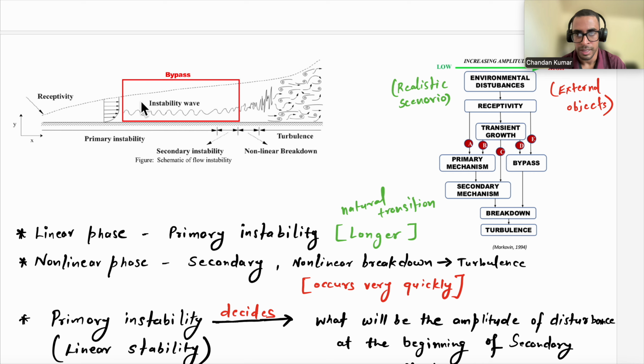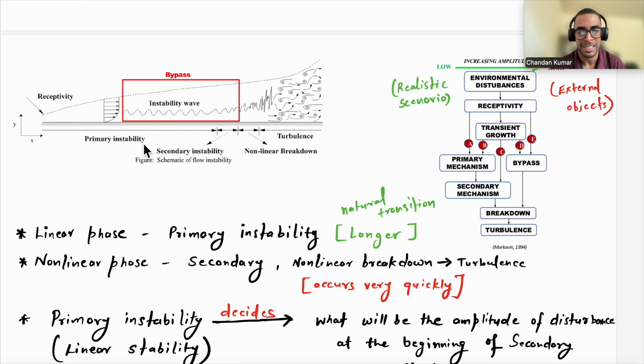So as we see, the primary instability is longer, which we call a natural transition, because that is happening because of the realistic scenario.